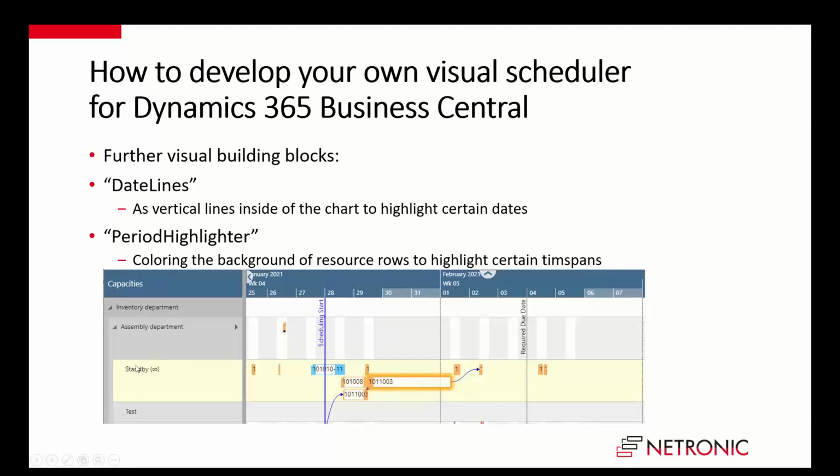But for example, for this standby resource here, in this application, you can give all the background another color. So the period highlighter is used to define a certain period and give this period a certain color and put this period highlighter then on a certain resource.